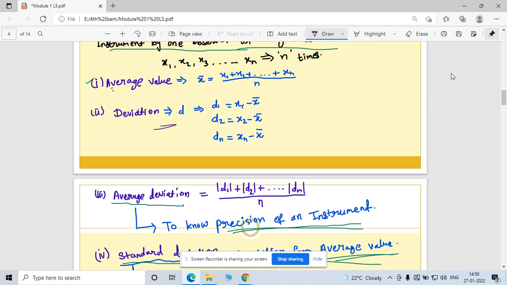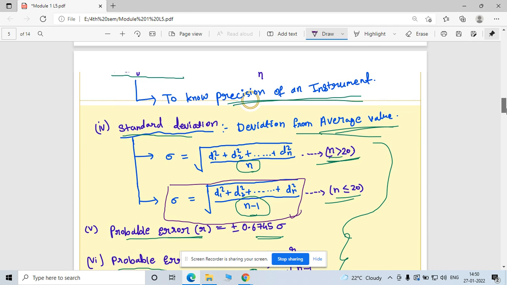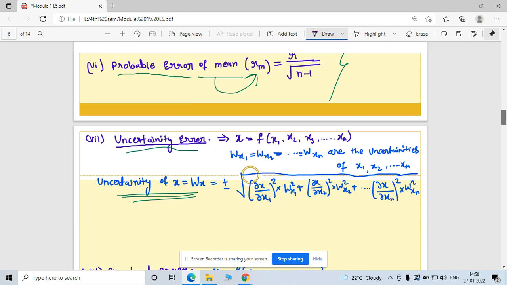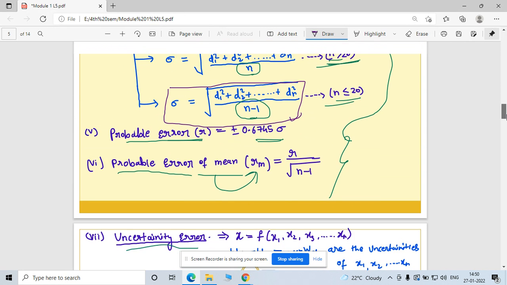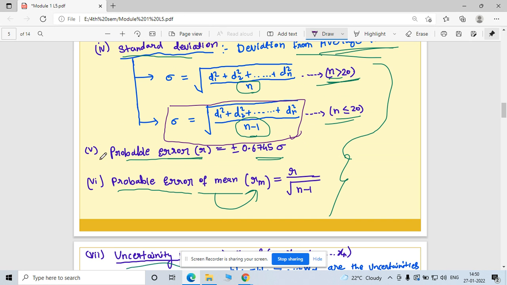So use these three formulas and put the values in. And third is probable error. For probable error, you use this formula, which is plus minus 0.6745 into sigma. This sigma is nothing but your standard deviation.